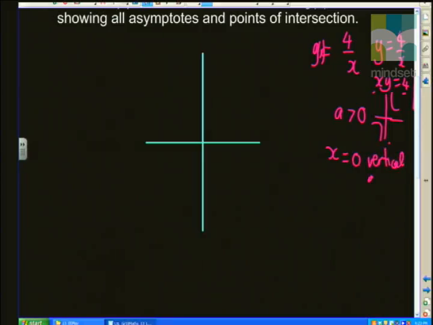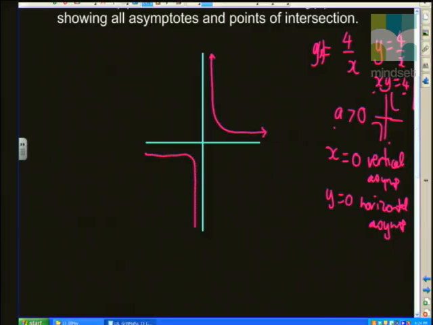And we know that y is equal to 0 is our horizontal asymptote. So in other words, the axes are asymptotes to this graph 4 over x. So that means the graph cannot touch those lines. We know that it's a positive graph, so we're going to have a graph in the first and in the third quadrant.